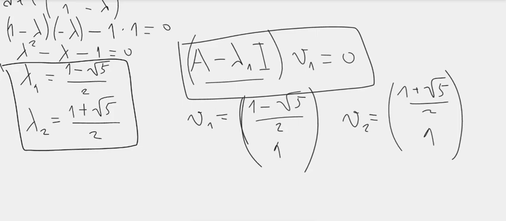So now we can write the matrix. Because the eigenvalues are different, we know that the Jordan normal form would be diagonal.